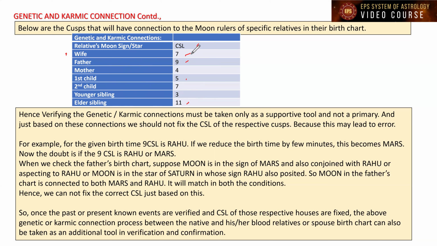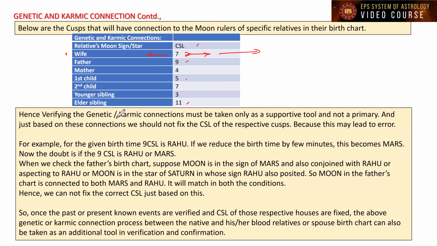This is the way the sublords of these houses will have a connection to the moon sign and star of the respective relative. I think you're able to understand.